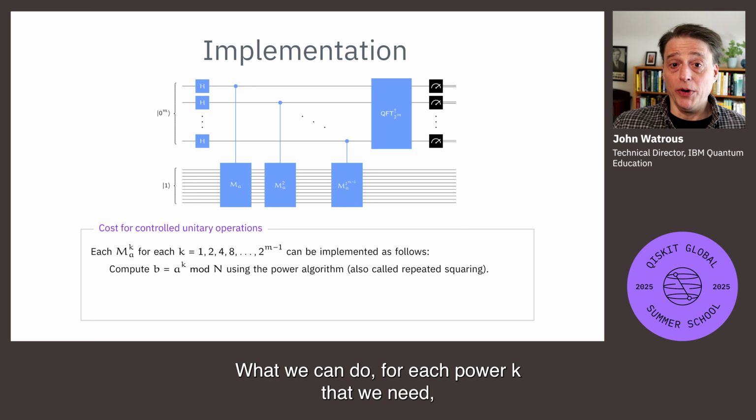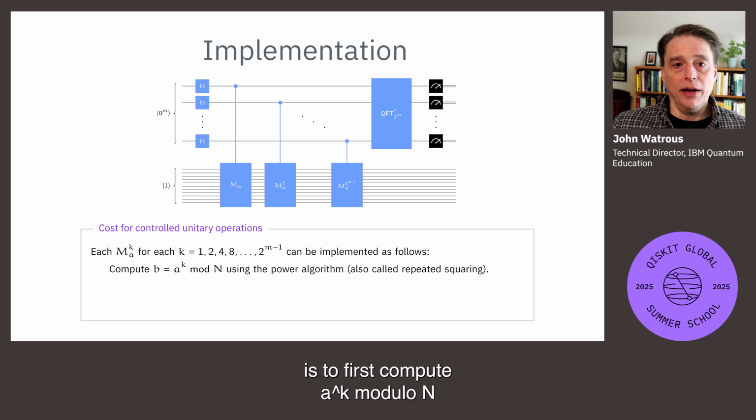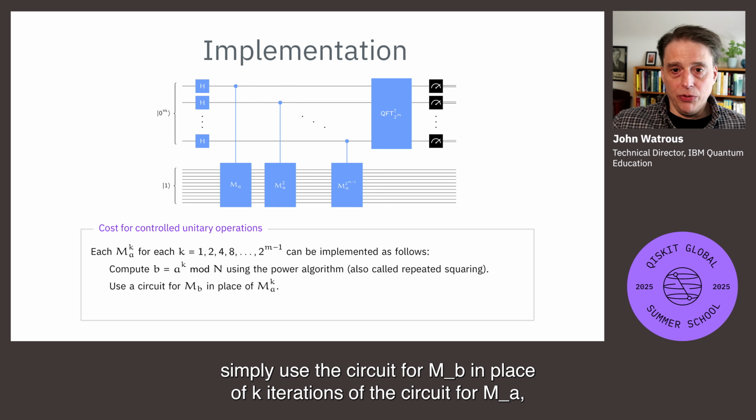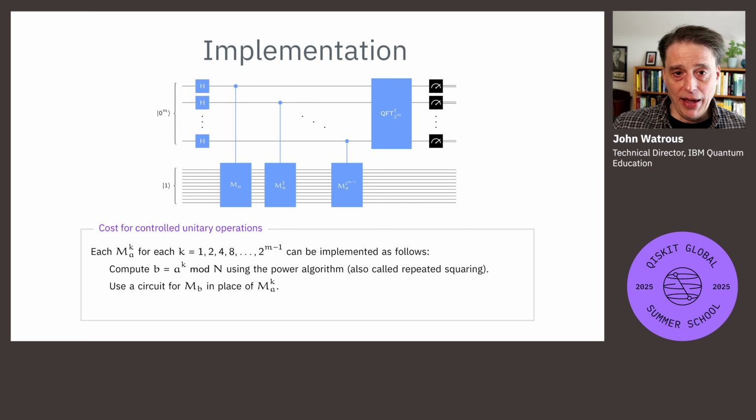What we can do for each power k that we need is to first compute a to the power k modulo N with a classical computer, and let's call that number b. And then we'll simply use the circuit for MB in place of k iterations of the circuit for MA.